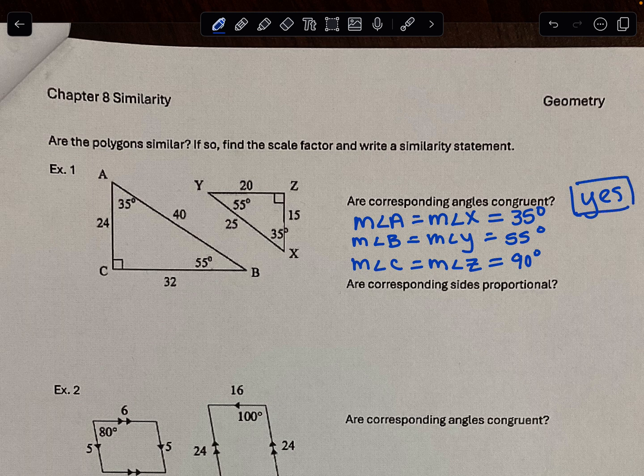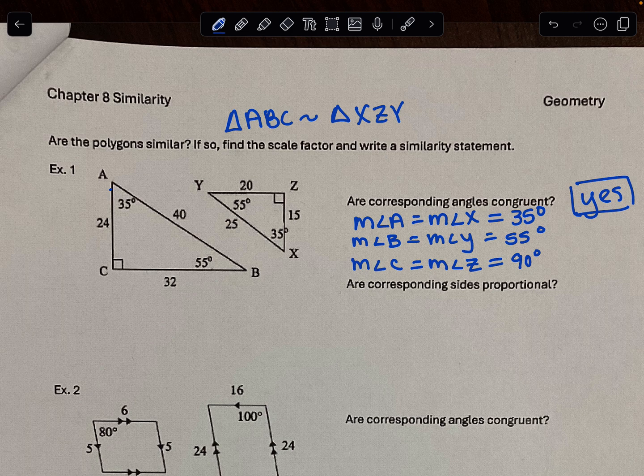Then I have to go and find corresponding sides. Okay, now this is why I was talking about sometimes it gets a little tricky because they've rotated that second figure. So what I would do is think about matching up my sides, or maybe write a similarity statement like triangle ABC is similar to triangle, so we went 35, 90, 55, so X, Z, Y. That may help you.